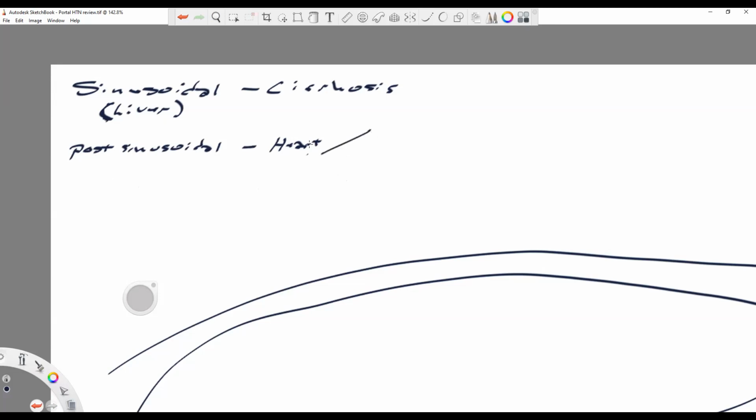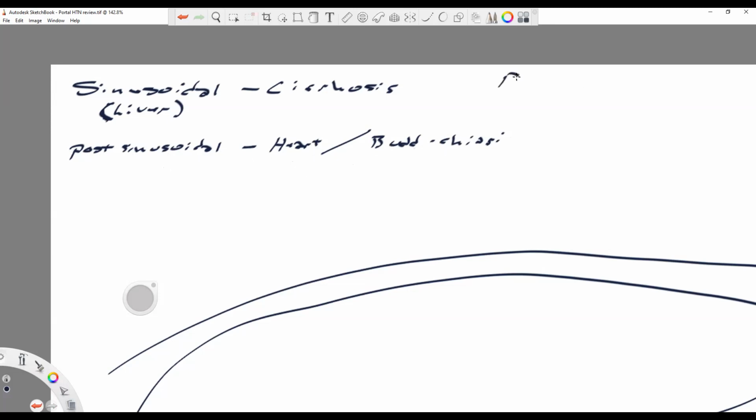Or we could also say, let's say like Budd-Chiari. Once again, blood cannot leave the liver in the correct way, then that is a post-sinusoidal. It is after the liver causing portal hypertension.